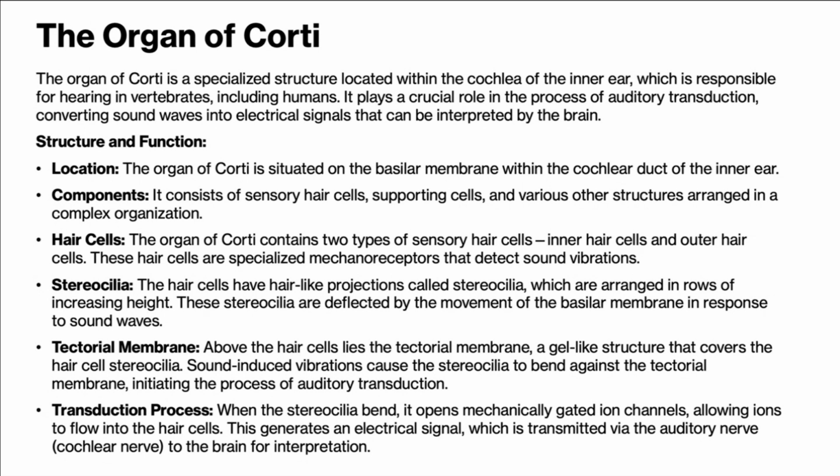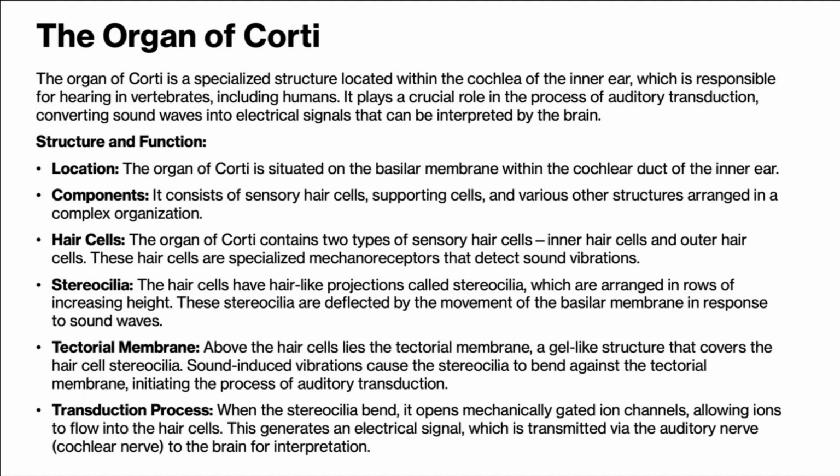There are 2 types of sensory hair cells, the inner hair cells and the outer hair cells. These hair cells are mechanoreceptors that detect sound vibrations. The stereocilia are hair-like projections arranged in rows resembling stairs.